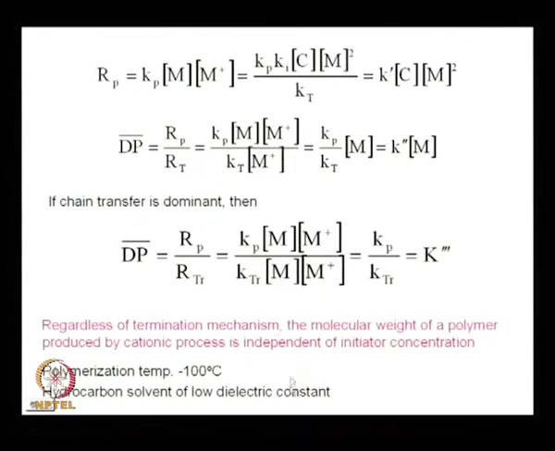Now, you substitute the value of this M plus, the concentration of carbocation, into this rate equation for propagation. There you can find K prime, including these 3 rate constants within K prime, the overall rate constant, and the concentration of the carbocation, the concentration of the catalyst co-catalyst complex and the monomer.